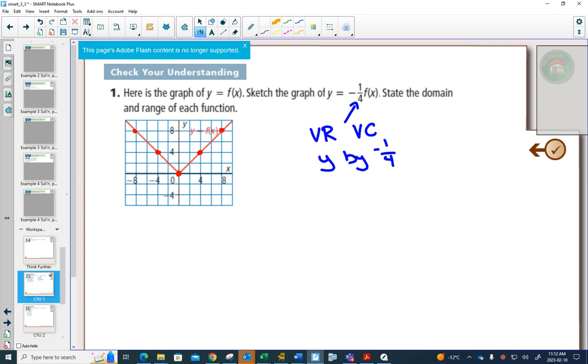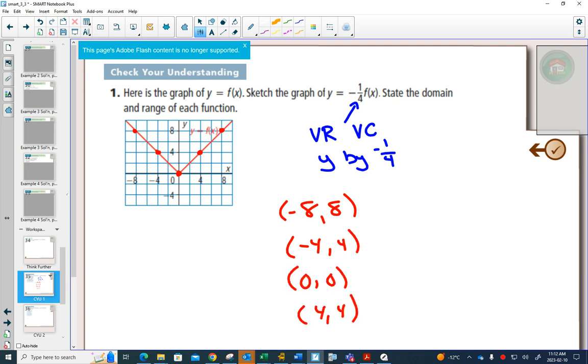So now I picked 5 points on my original graph, and I'm going to write them out. Negative 8, comma 8, negative 4, comma 4, 0, comma 0, 4, comma 4, and 8, comma 8. And what we're going to start showing for work is drawing an arrow diagram here and saying, where do these points go?